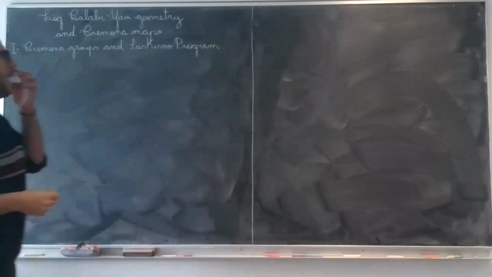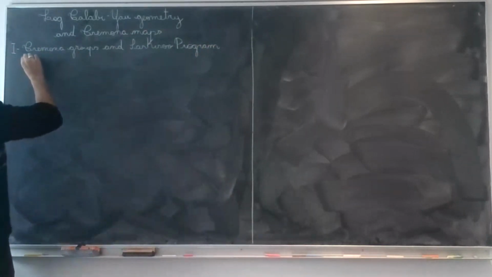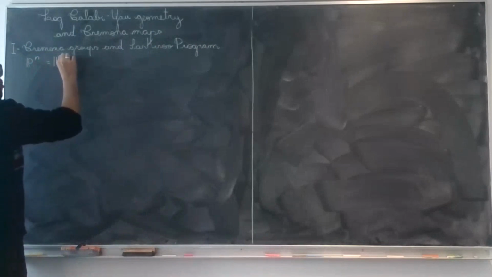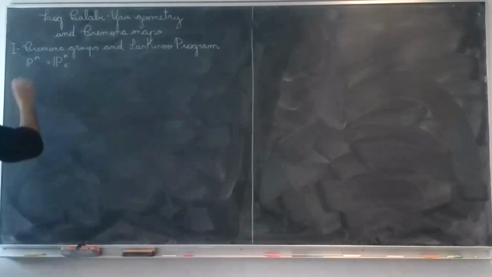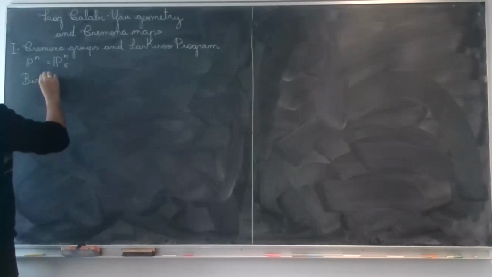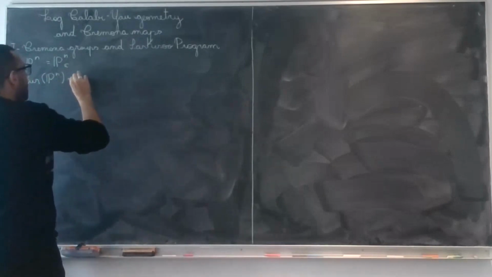In all my work, I work over C, and I will denote P^n as the projective space over the field C of complex numbers. And the Cremona group is the group of birational self-maps of P^n.